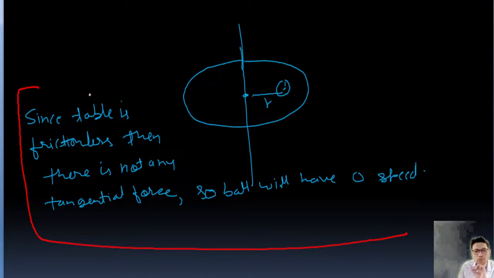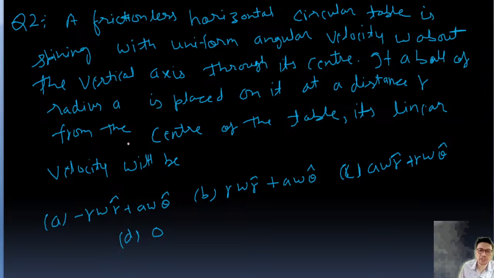Means there is no tangential force acting on the object because the surface is frictionless. And that's why the linear velocity of the ball will be zero, or the speed will be zero. Okay, so which option is matching, guys? Option D. Okay, so this is the answer, guys. I hope you have understood it.